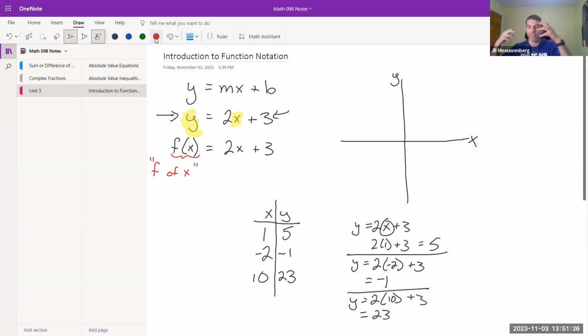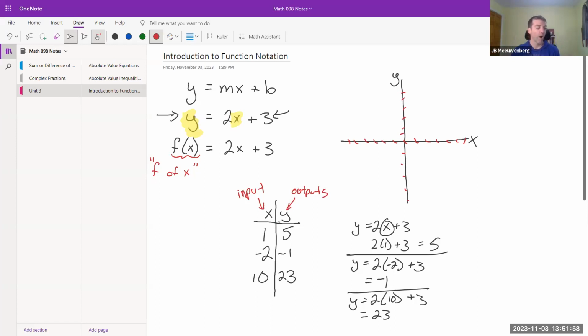This is the idea of inputs and outputs. x is always going to be our input. These are the numbers that we're going to be putting into our equation. And then y, we think of as our outputs. We put 1 in, we get 5 out. And that tells us where to go up or down. That's the idea of functions, but the notation just changes.